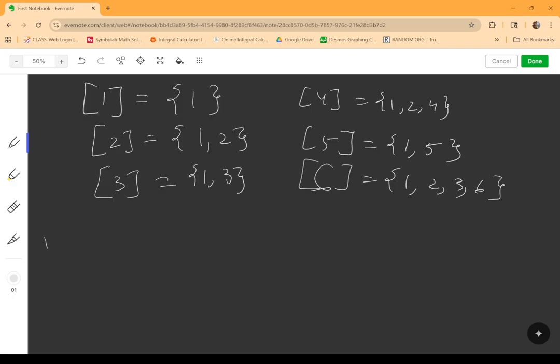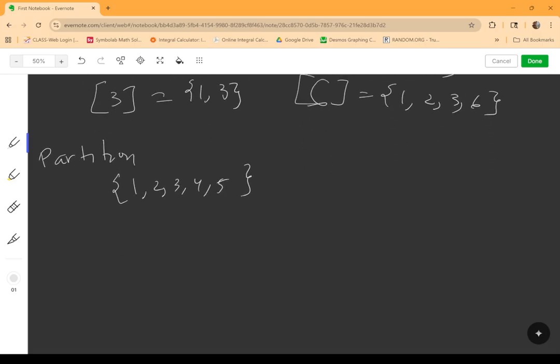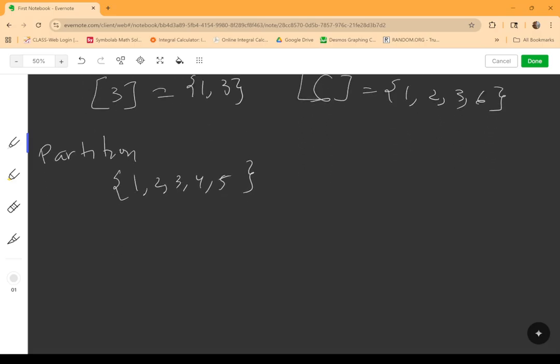The last thing to wrap up this section is the idea of a partition. Given a set, we can partition it, cut it up however we like. A partition could be another set consisting of subsets of our bigger set.